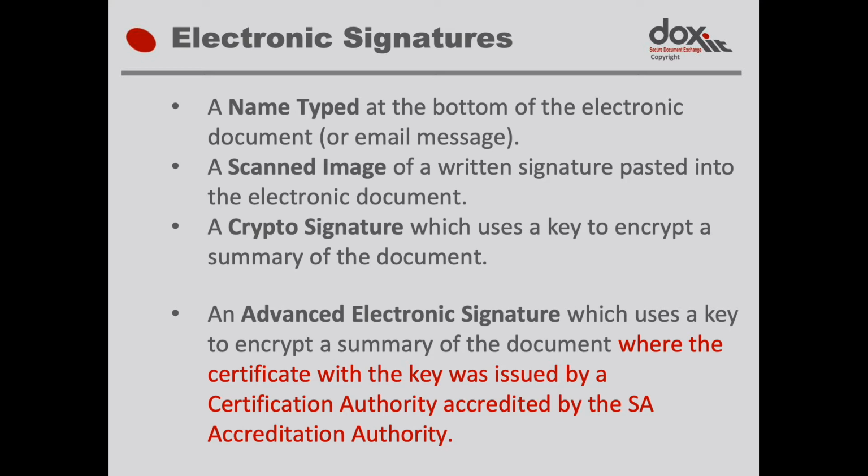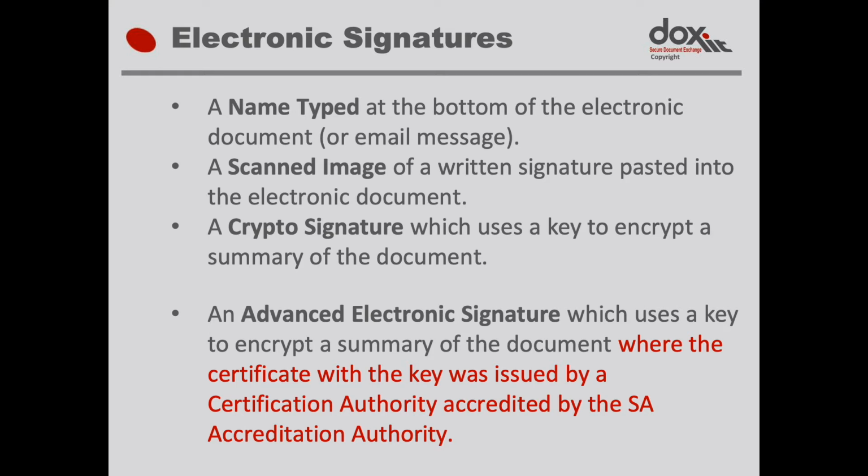Signatures added to electronic documents may include a name typed at the bottom of an electronic document, or email message for that matter; a scanned image of a handwritten signature pasted into a document; a crypto signature, which uses a key to encrypt a summary of the document where the certificate with the key could have been obtained from any certification authority; and a crypto signature, which uses a key to encrypt a summary of the document where the certificate containing the key was issued by a certification authority accredited by the SA Accreditation Authority. This last option is what the ECT Act calls an advanced electronic signature.